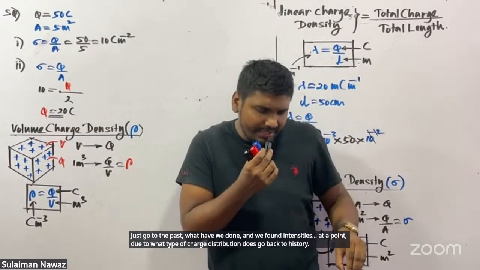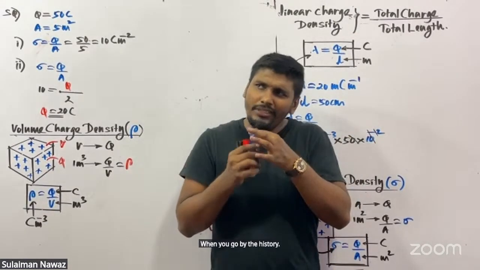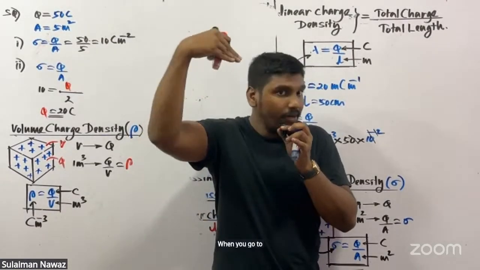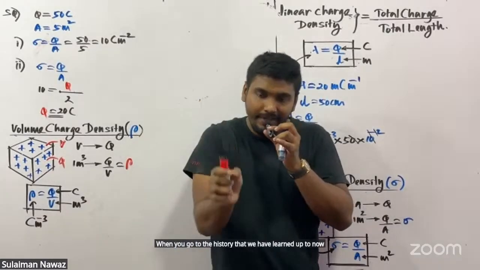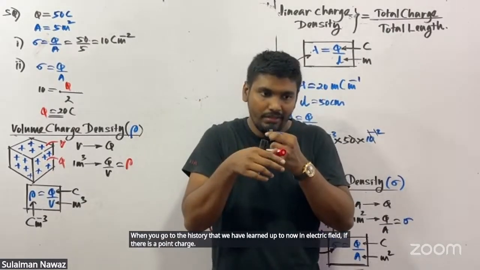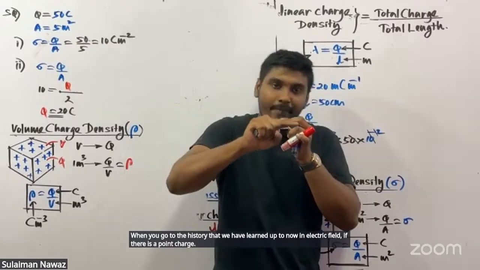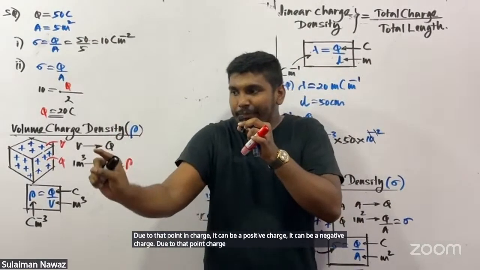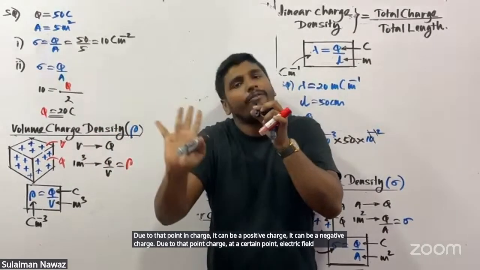When you go back to what we have learned up to now in electric field, we found that if there is a point charge, it can be positive or negative, then at a certain point the electric field intensity is what we have found.